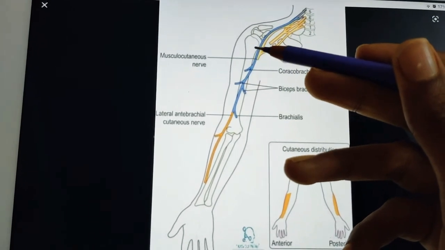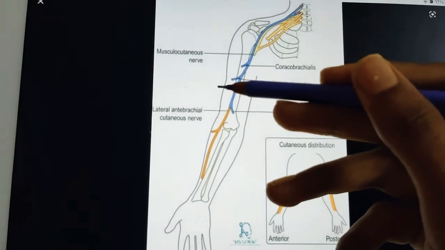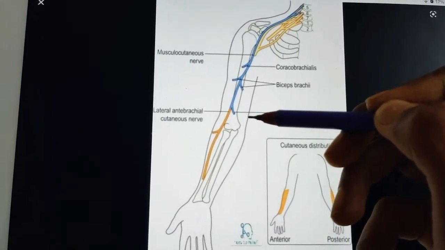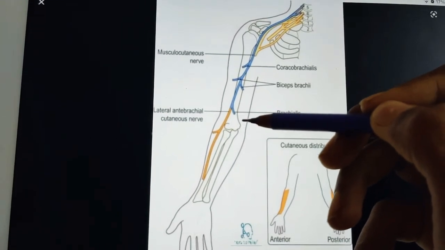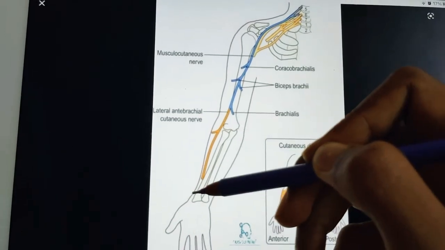Then it runs downwards and laterally between the biceps brachii and brachialis muscles. It terminates by continuing as the lateral cutaneous nerve of the forearm above the bend of the elbow.